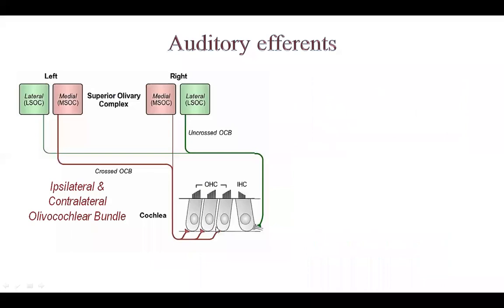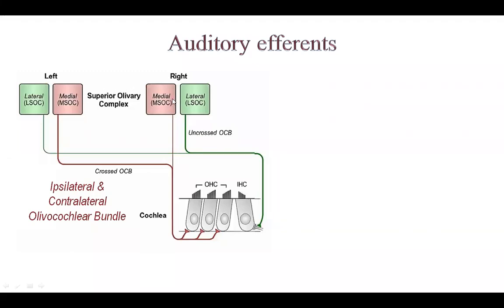Now, let us see the efferents. It is not just that these hair cells give information, they also receive information from the higher centers. If you look here, the green one is the lateral superior olivary complex, and the red one is the medial superior olivary complex.